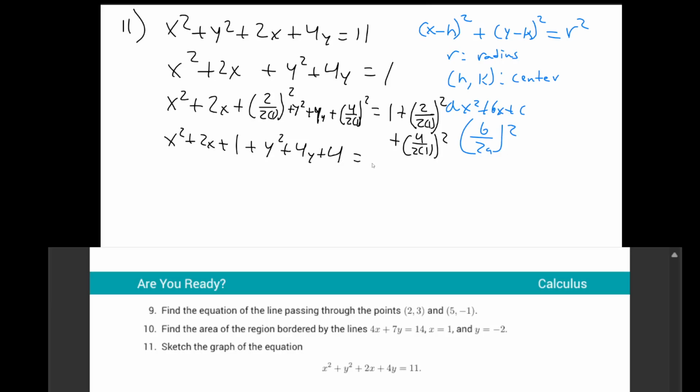This then equals 11 plus 1 plus 4. So now these two should be perfect squares. From your knowledge of factoring, this should be x plus 1 the whole squared plus y plus 2 the whole squared. You can check by foiling it out.